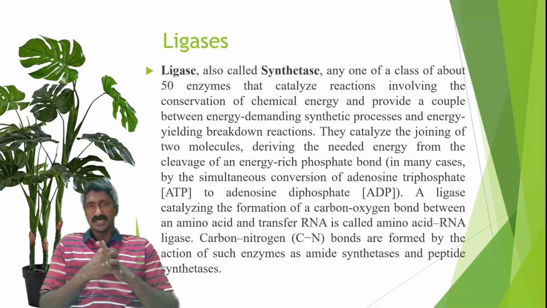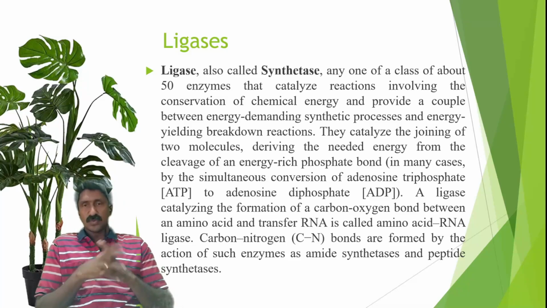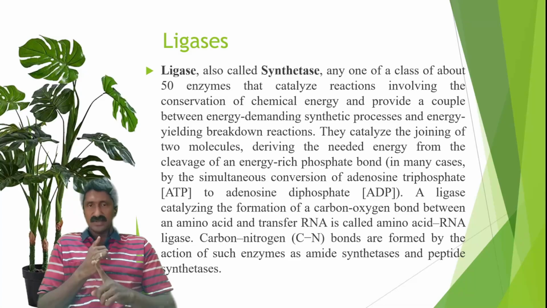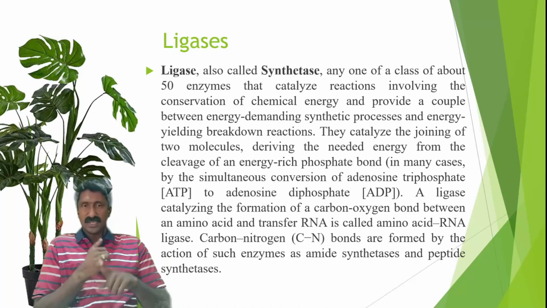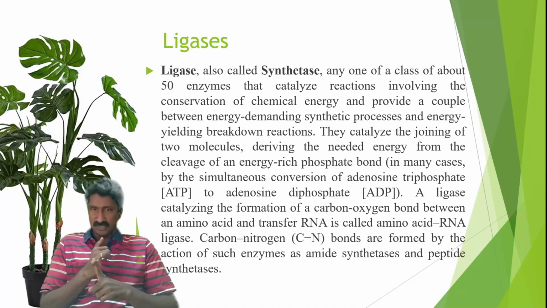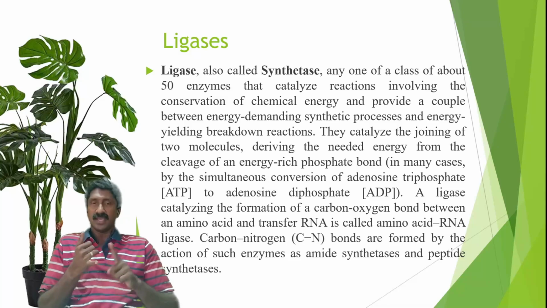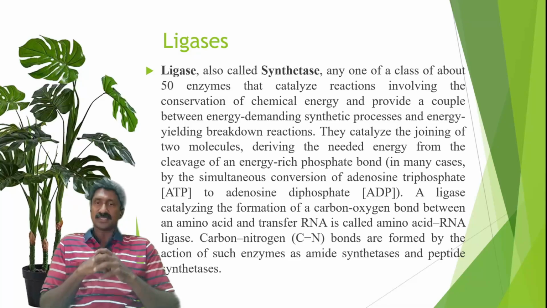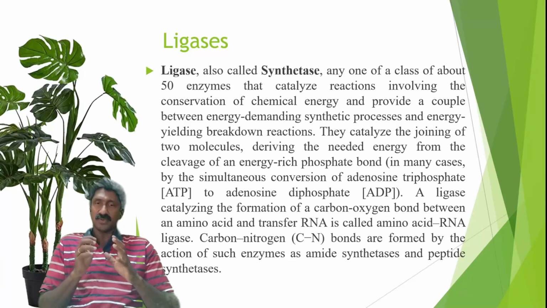by using this energy. They catalyze the joining of two molecules, deriving the needed energy from the cleavage of an energy-rich phosphate bond, in many cases ATP. So the energy from ATP is used by the ligases for creating the bond, and a ligase catalyzing the formation of a carbon-oxygen bond between an amino acid and a transfer RNA is called an amino acid RNA ligase.